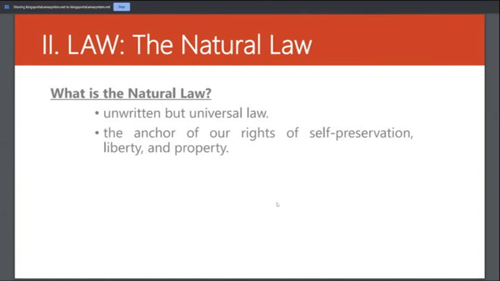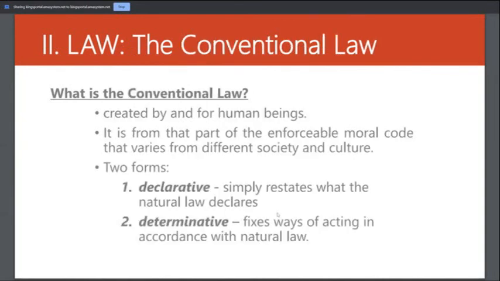It is unwritten but universal law. So basically, you may be able to follow it without any form of writing. It is the anchor of our rights of self preservation, liberty, and property. So that's what we call natural law. What is conventional law, on the other hand? It is created by and for human beings, of course.